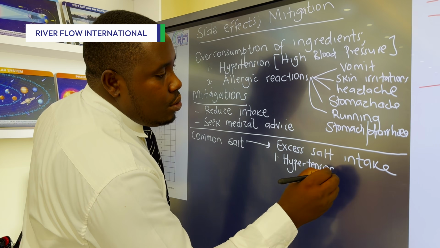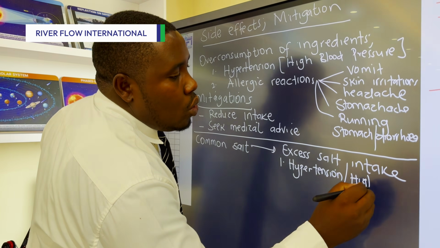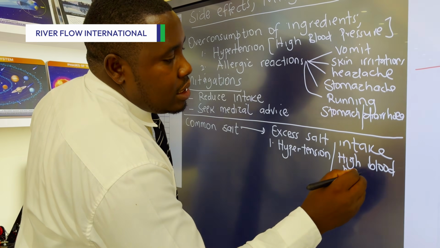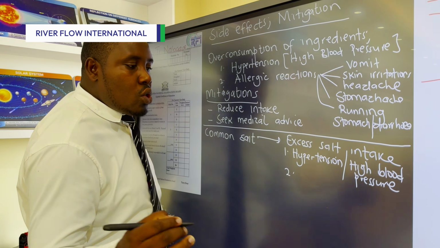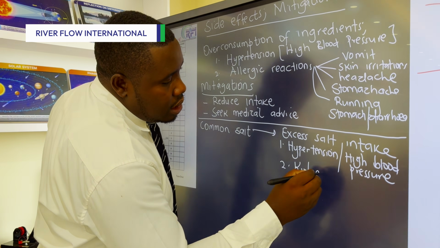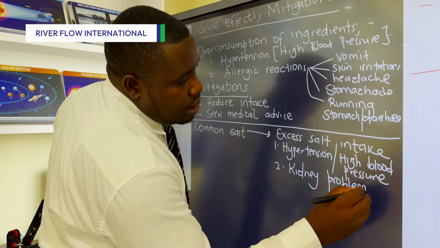And I've told you previously that hypertension is also what we call high blood pressure. That is number one. And number two, it can also bring kidney problems.